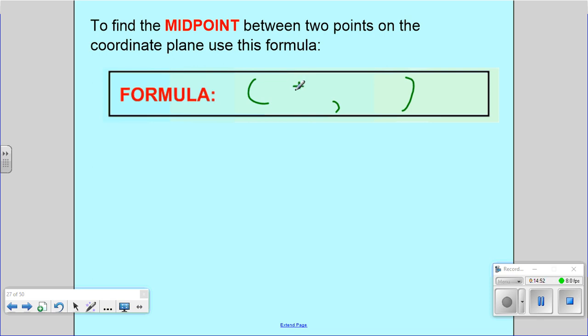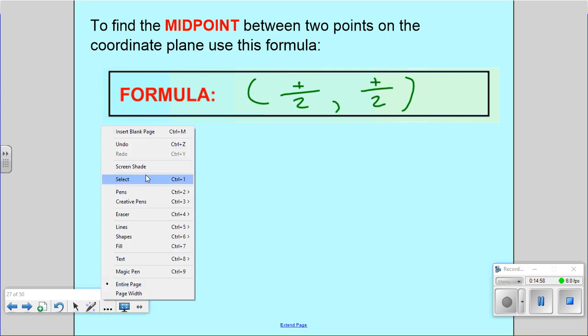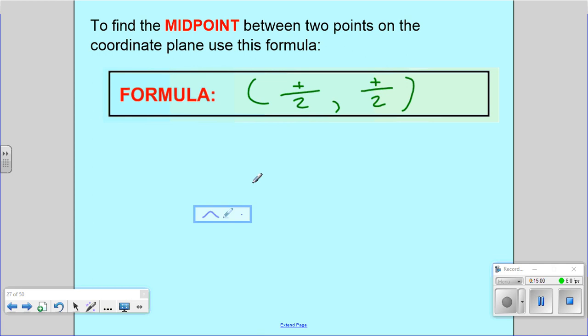Again, you have the plus, the fraction bar, and the 2 for both x and y. And then you would have x sub 1 plus x sub 2. And the other one would be y sub 1 plus y sub 2. So make sure they're like variables before you enter them into the formula.